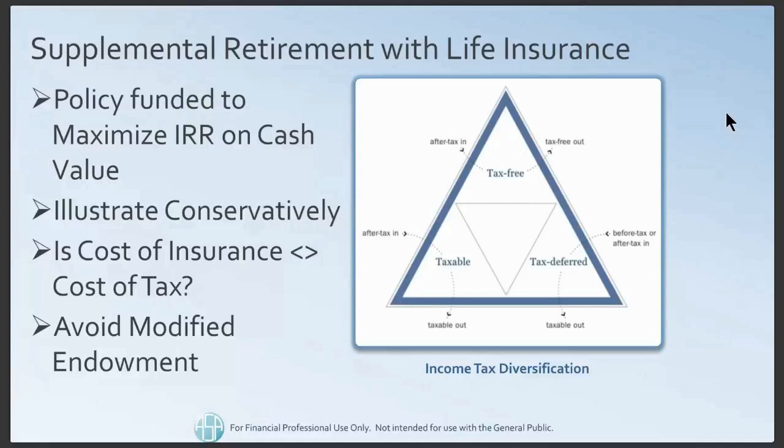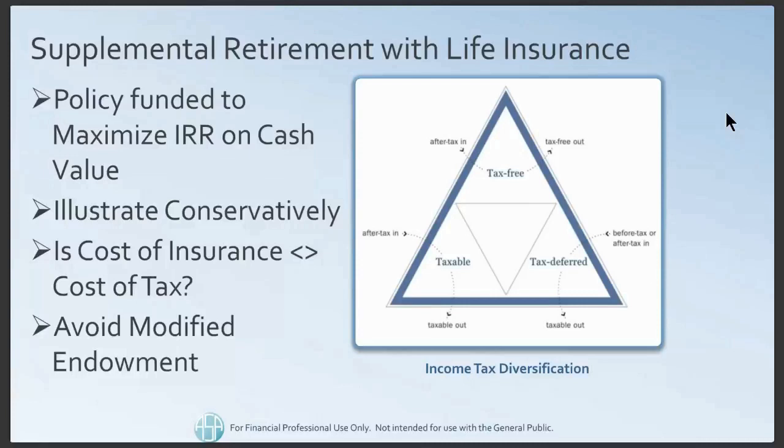This is kind of an old test, been around a while. Is the cost of the insurance less than or greater than the cost of the tax? All that means is we know that insurance has a drag on it. It's called the insurance costs, and that's a drag on the performance. However, you weigh that cost, which could be 1%, 1.5%, 2% over the life of a policy, against what the income tax rate is when you're pulling the money out.